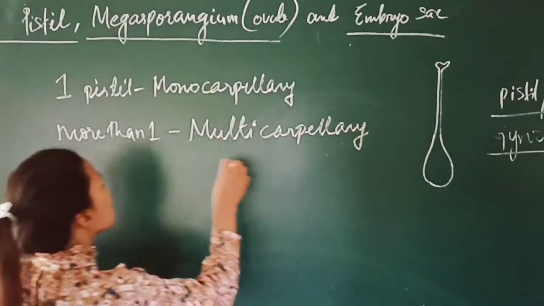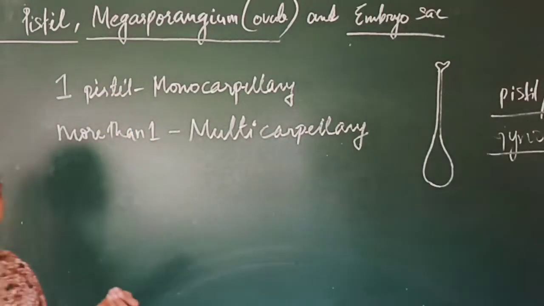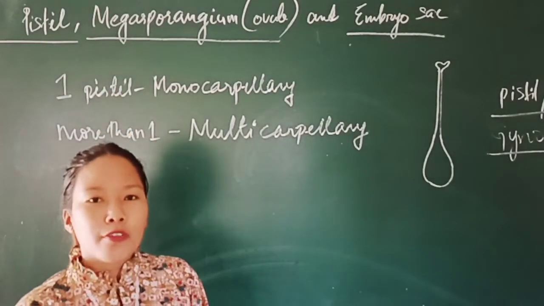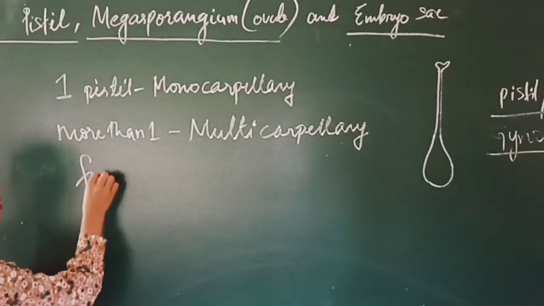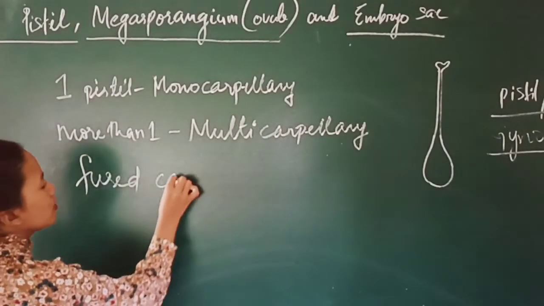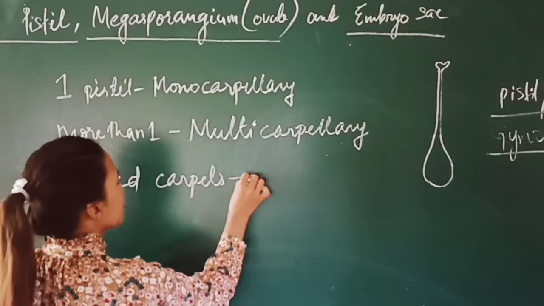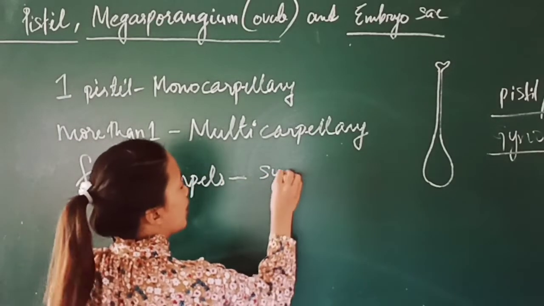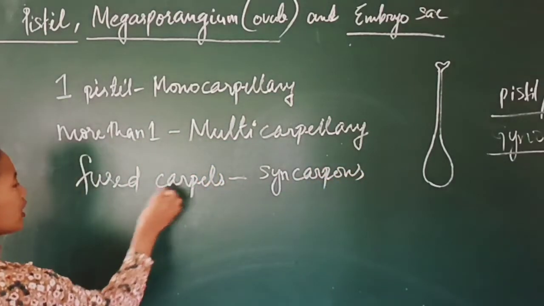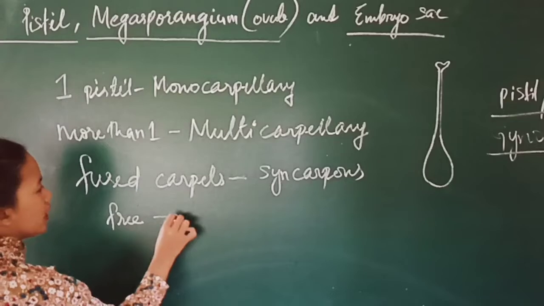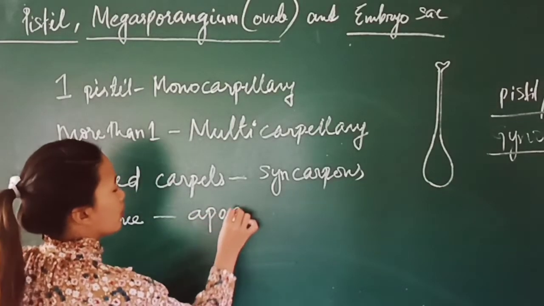And sometimes these pistils might be fused together or free. Okay? They might be separate. So if they are fused together, if they are fused carpels, then they are called syncarpous. And if the carpels are free, then it is called apocarpous.